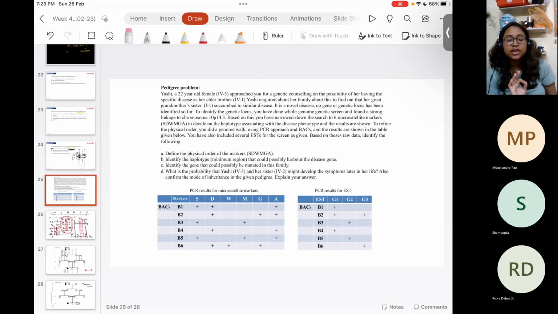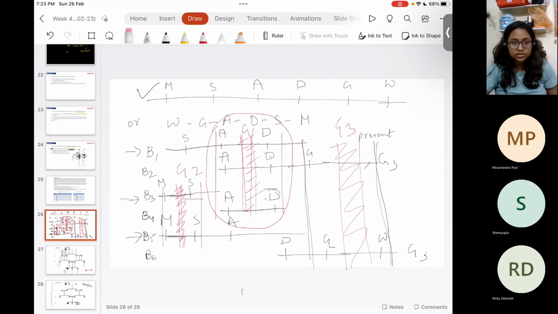But while writing the order of the markers, you cannot place the markers in such a way for the next fragment, B2, that say S here cannot be after A. Why? Because in B2, S was not present, right? So it has to be upstream. You have to use this kind of logic, and it comes from simple observation.